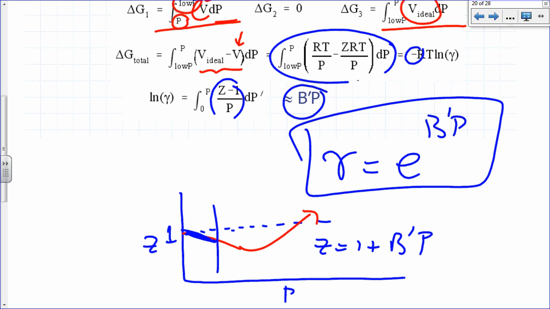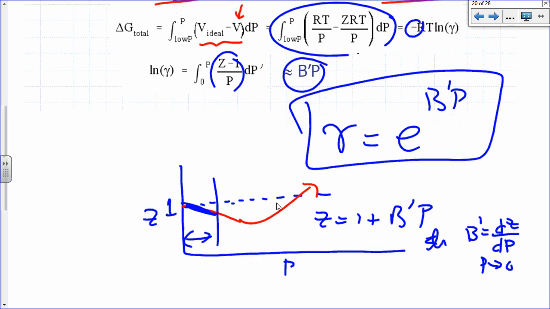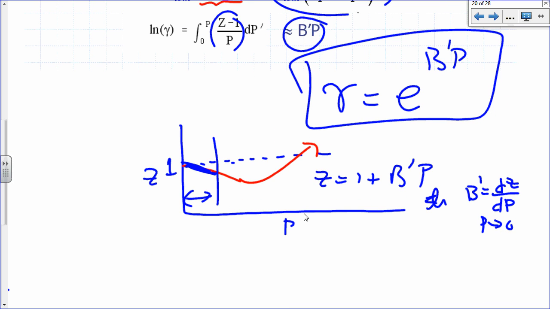Okay, and you know your B prime is your derivative of Z with respect to pressure, the limit of that as pressure approaches 0, right? So that's we're looking at this interval right here. And what's going to happen there?